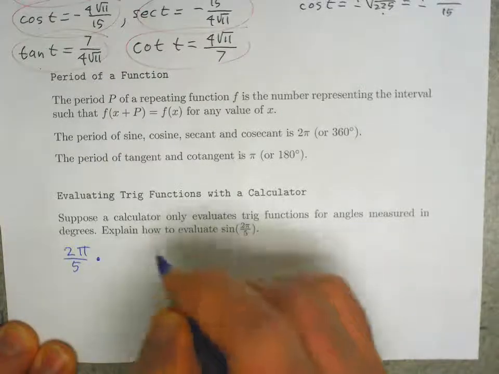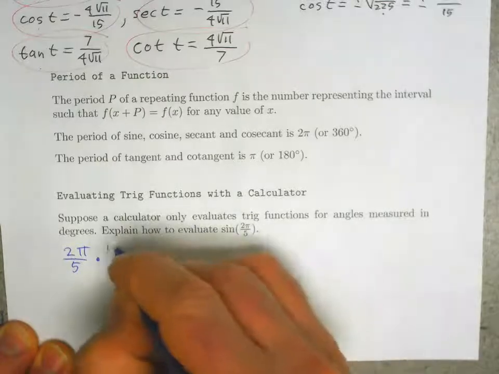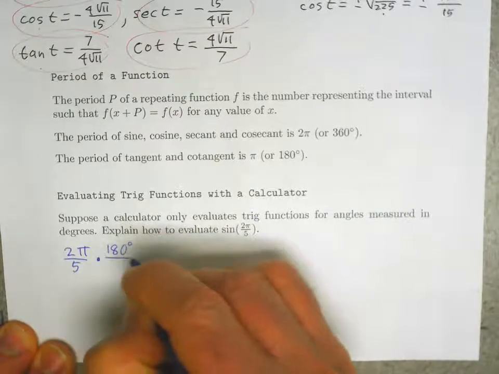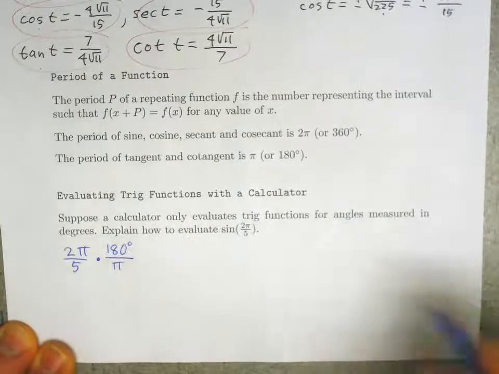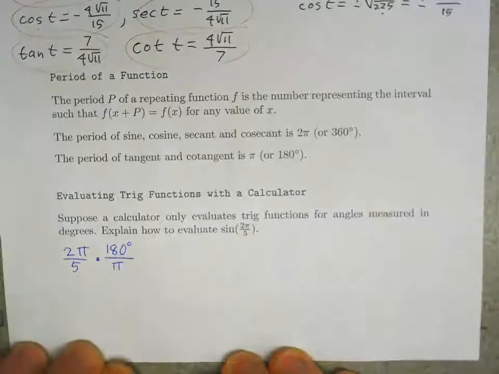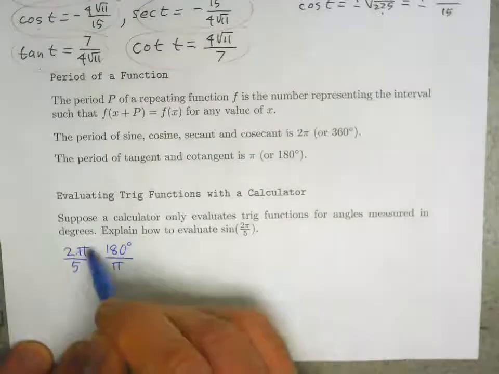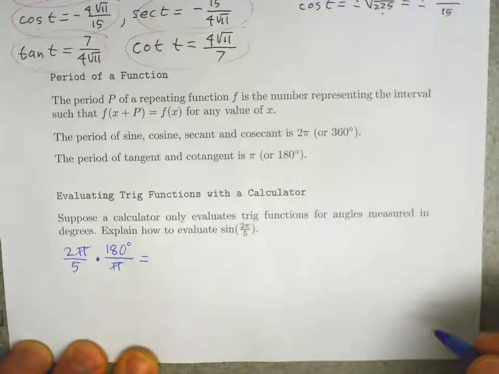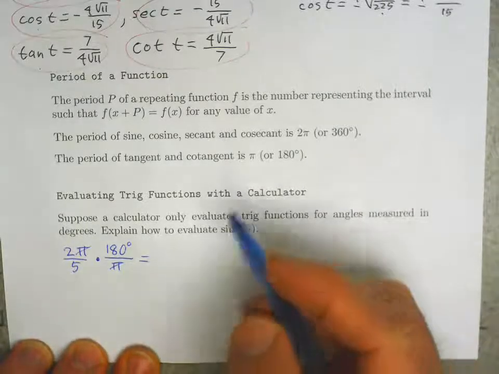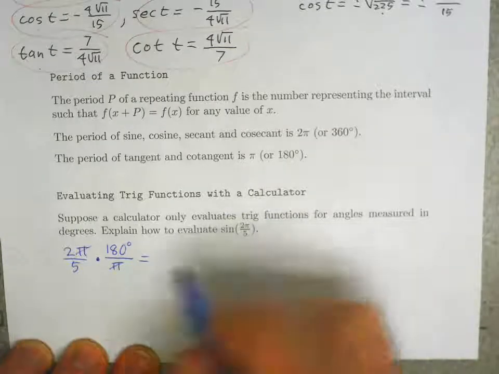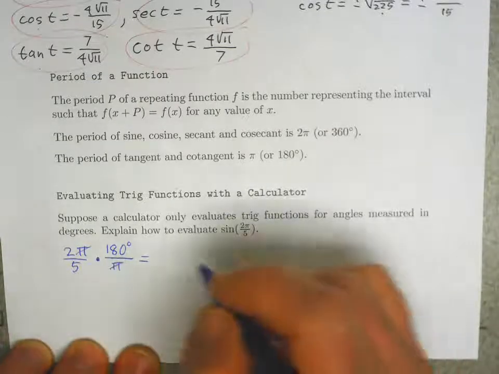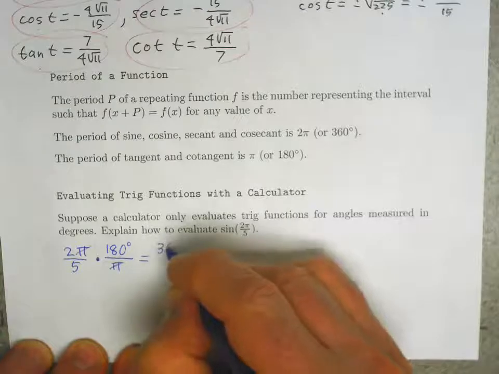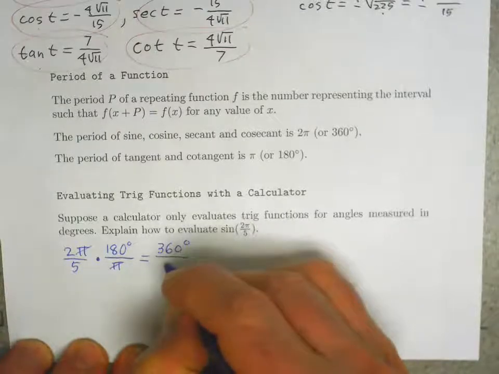So that means we're going to multiply 2 pi over 5 by 180 degrees over pi. So pi divided by pi cancels. And then we can write 2 times 180 degrees is 360 degrees divided by 5.